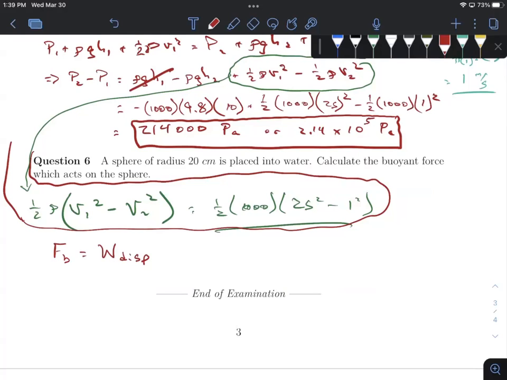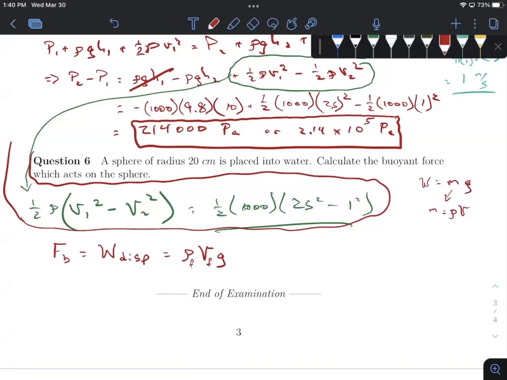Now, obviously, this question doesn't tell me the weight of the water displaced, but I can figure out what that is by saying the weight is rho times V times G. Remember, weight is mass times gravity. And mass, from the density equation, is density times volume. So the weight of the water is going to be the density of the water times the volume of the water times G.